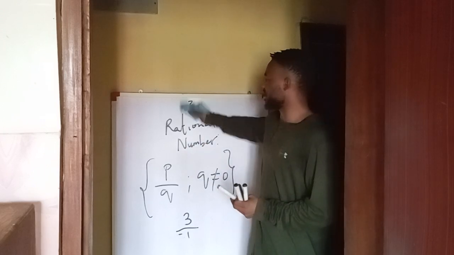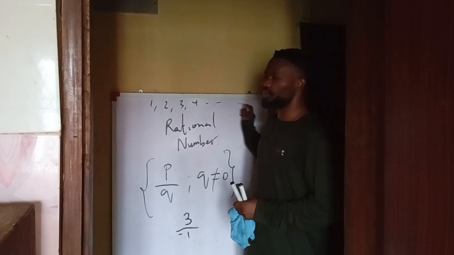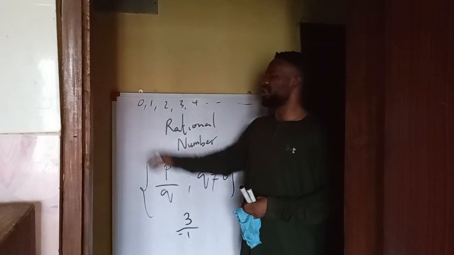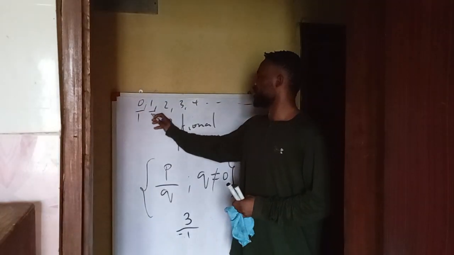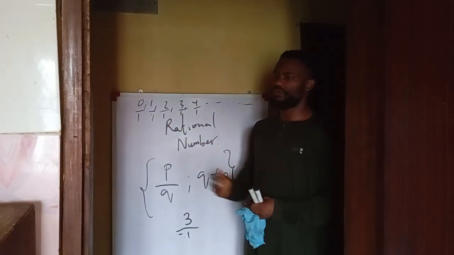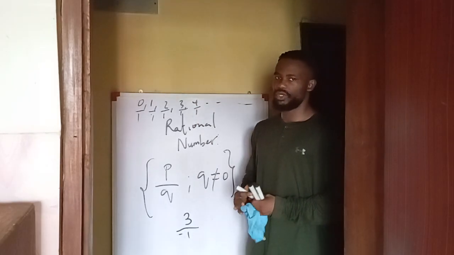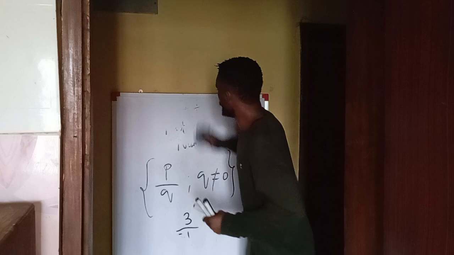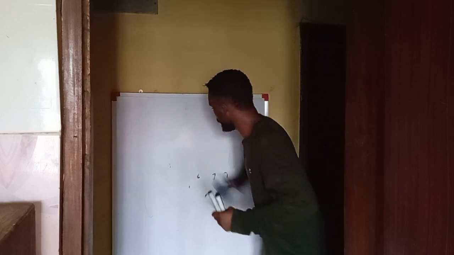And by default, every number you have, 1, 2, 3, 4 to infinity, even your whole numbers, every number is a rational number, because all of it can be divided by 1, and anything divided by 1 is that thing. So if I divide all these by 1, it has a numerator and a denominator, which accounts for what we call rational numbers.